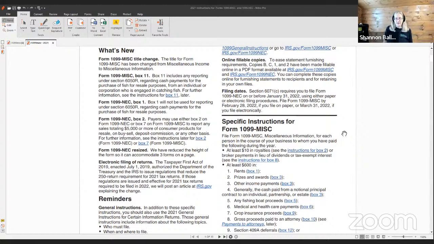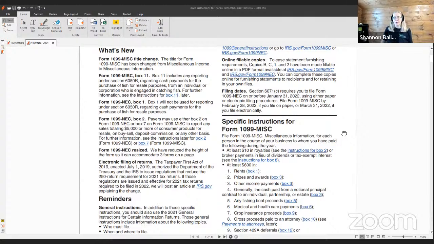And if you submitted even one Form 1099 miscellaneous with box 7 for non-employee compensation on, let's say, February 15th, if you filed one of those with a whole bunch of 1099 miscellaneous, say box 1 for rent, all of the box 1 for rent would be considered late, because the IRS only has the capability of having one due date per form.